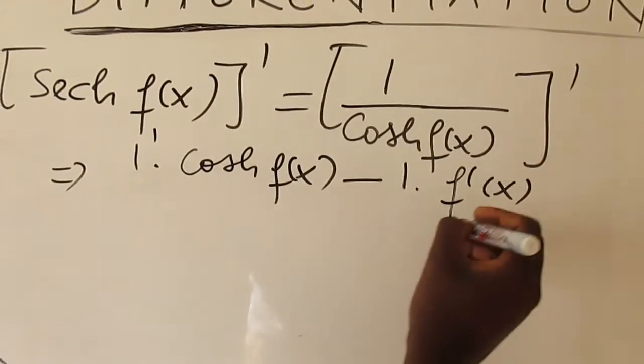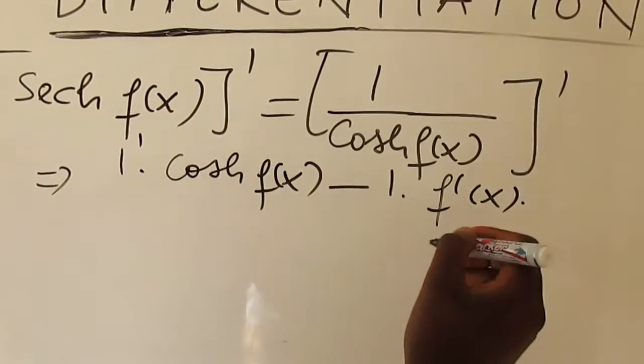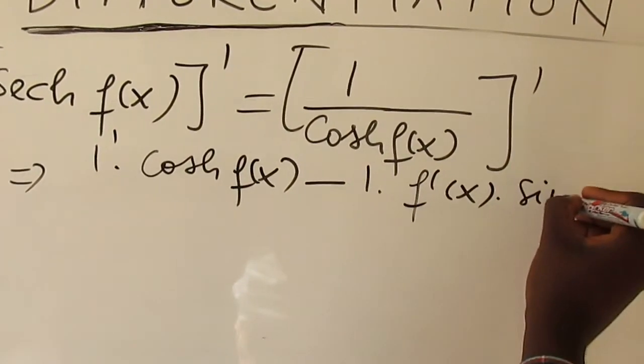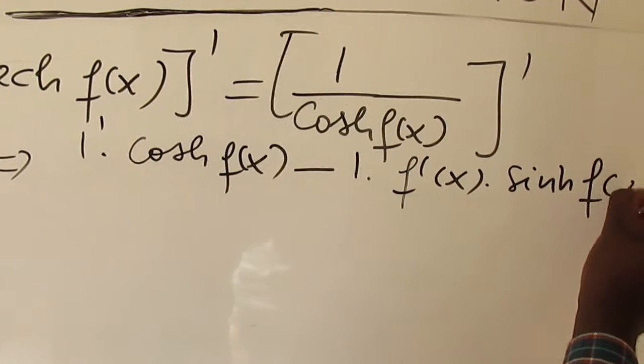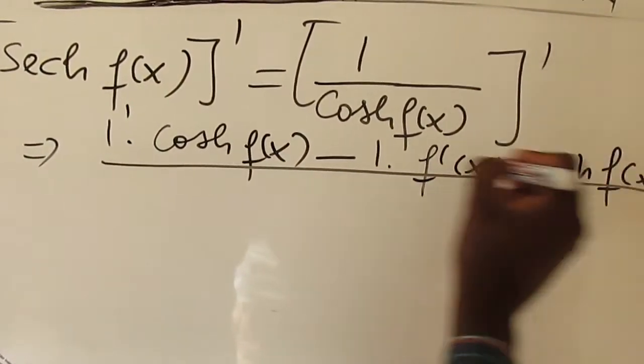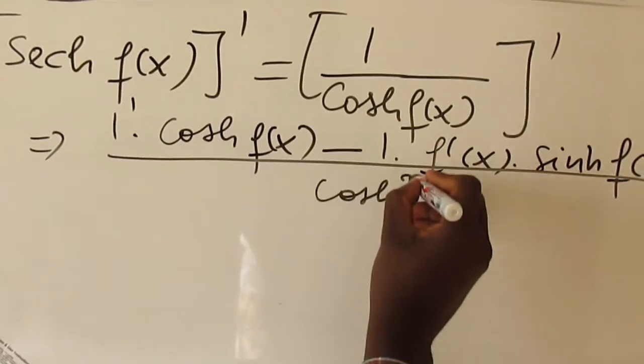You derive the function first, then you multiply by sinh of f of x over the denominator squared.